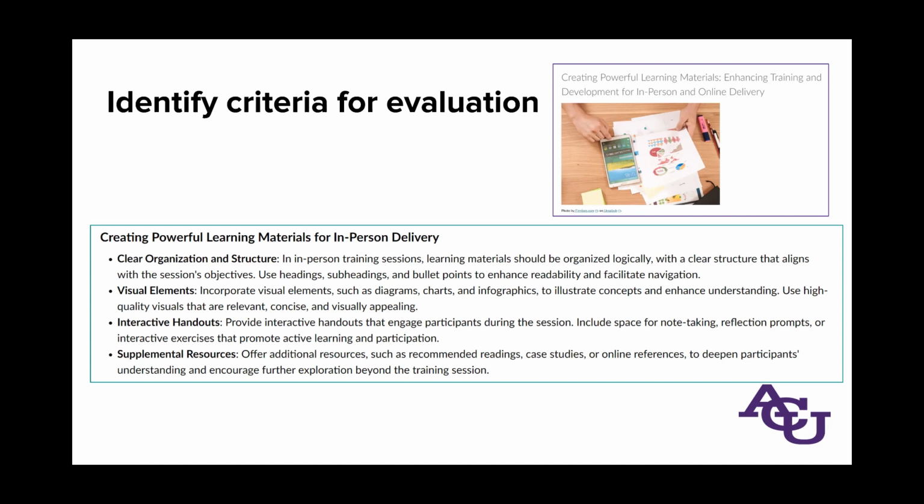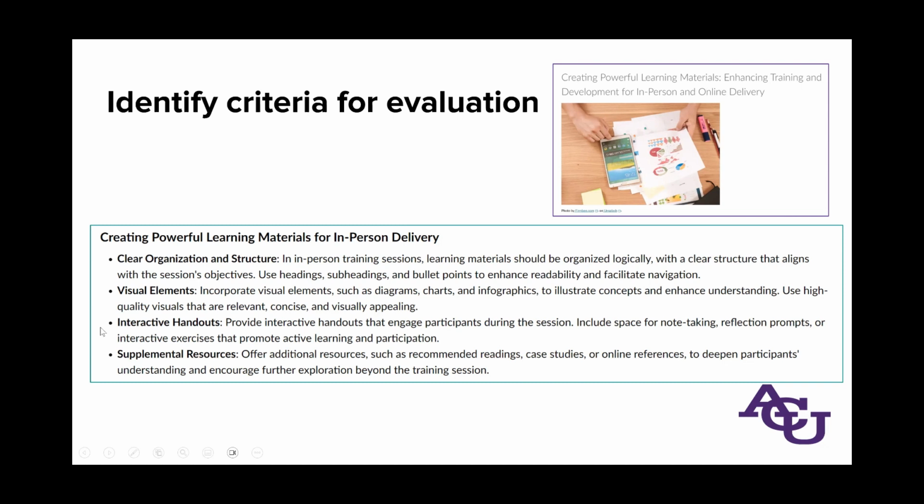Use headings, subheadings, and bullet points to enhance readability. It mentions incorporating visual elements such as diagrams, charts, and infographics to illustrate concepts and enhance understanding. Use high-quality visuals that are relevant, concise, and visually appealing.